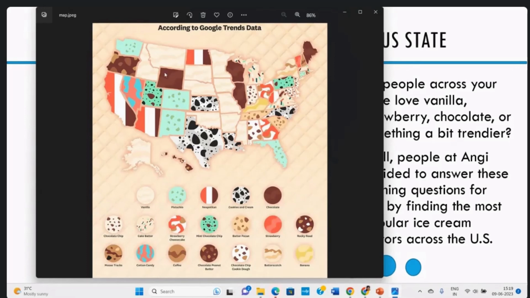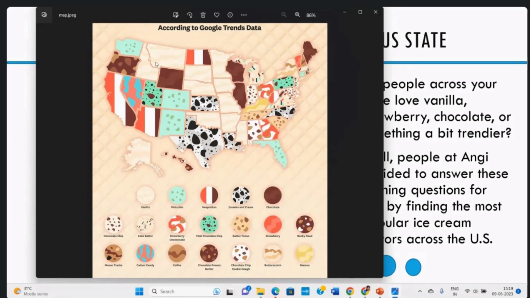This beautiful map is the outcome of descriptive data analytics, where all these flavors are very well accommodated into different states of America. So from this, you can get a better picture of which flavor is the most popular in America.